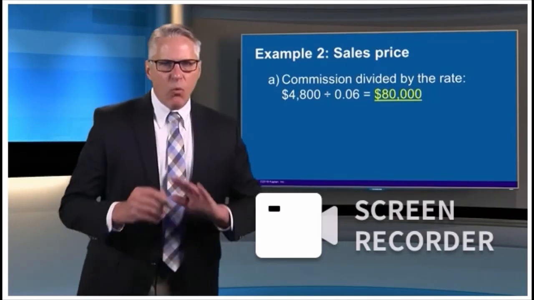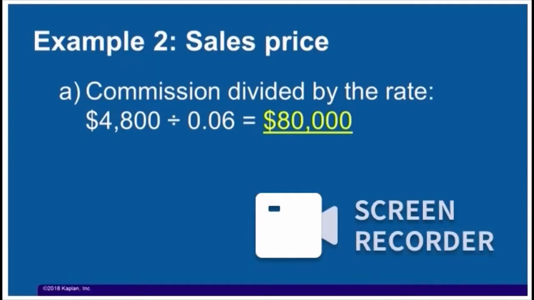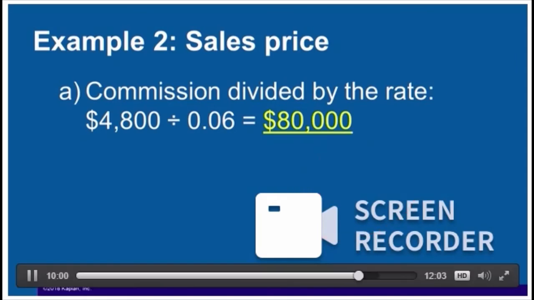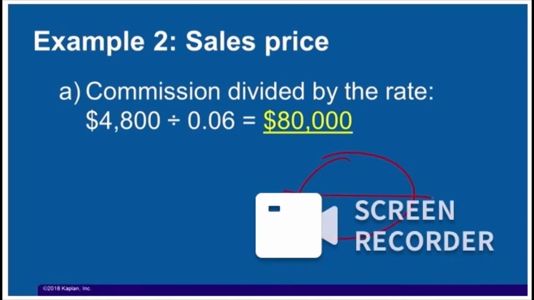And once again, I'm just going to take a look at why that circle formula works for us. When you cross this line, we divide. When we cross this line, we multiply. All right? We know that the commission, the product of a multiplication, goes on top.